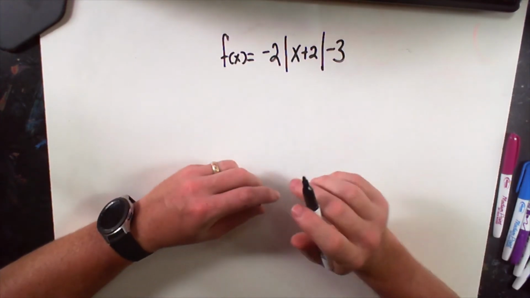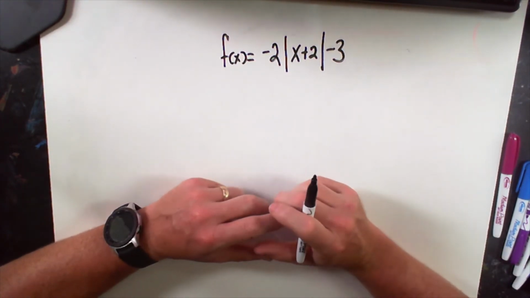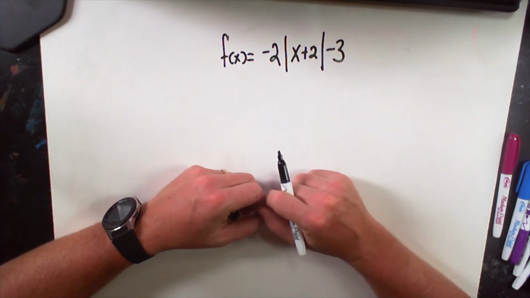All right, so example 1 on your notes is basically what we've already done, just explaining each one of those transformations individually. If you look through your notes, you do see an example of each and every one of those. So the only ones that I'm going to do in example 1 are the ones at the very bottom. Here we are looking at a function that has been transformed in multiple ways.